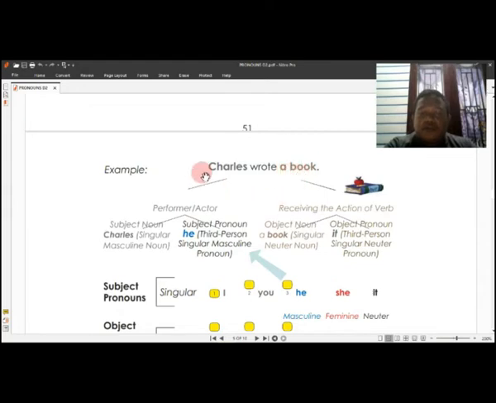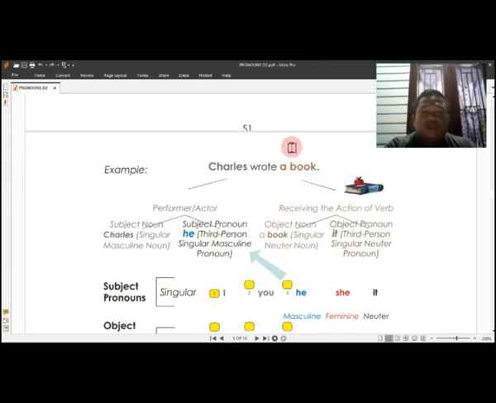Then we switch Charles into a subject pronoun because it is a subject. Charles is masculine, he is a man, so we change it into the subject pronoun he. And a book is neuter. We don't know whether the book is masculine or feminine, so we need to use the object pronoun it.